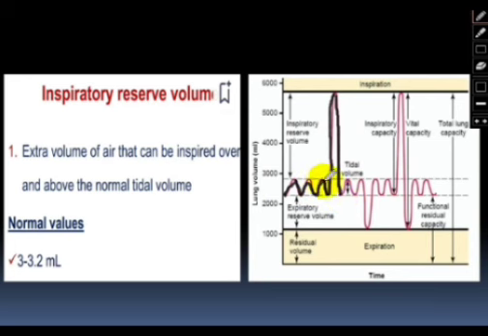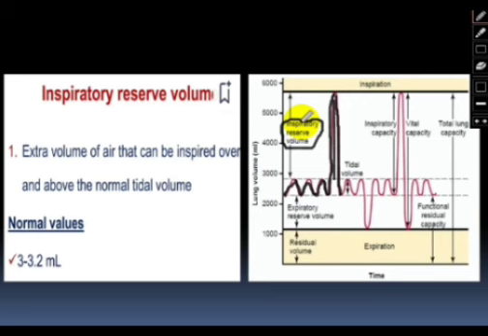Inspiratory reserve volume: from this point that is above the tidal volume to this point will give you the inspiratory reserve volume. Alright?